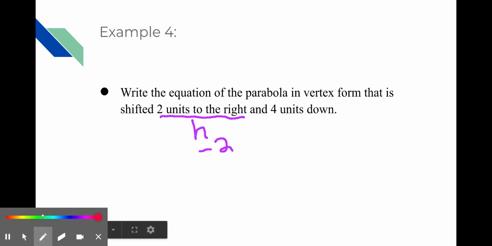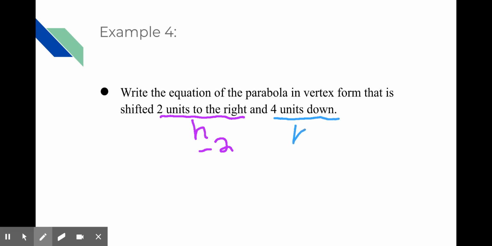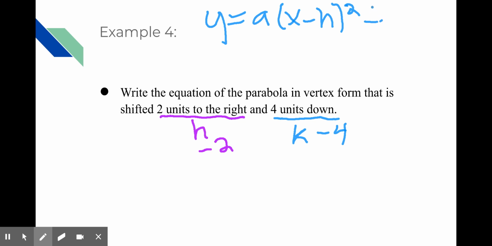And then it says 4 units down, that is our k. And so we know that's going to be negative 4. So we're going to plug it into the equation y equals a times x minus h squared plus k.